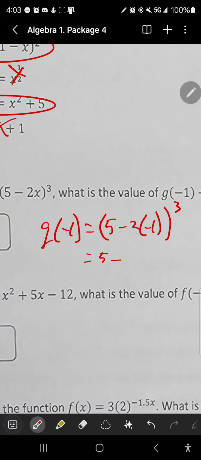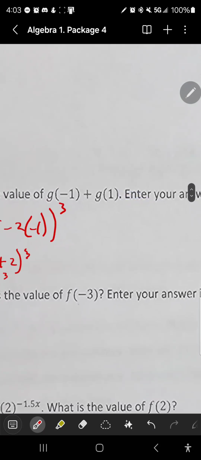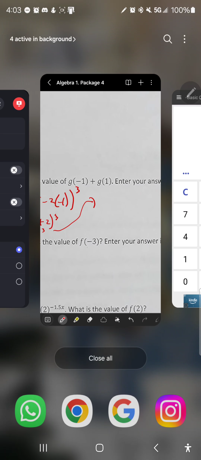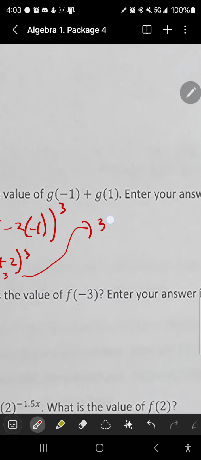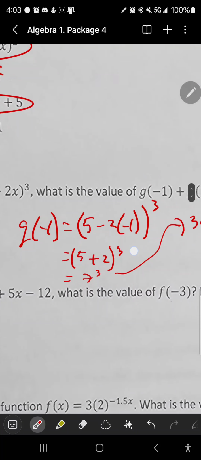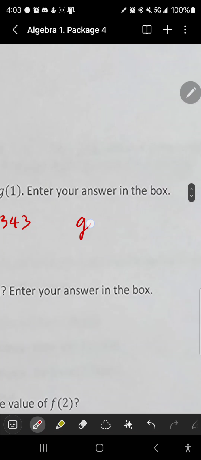It'll be 5, minus times minus is positive, so plus 2 to the third. It will be 7 to the third. It will be what, 49 times 7. So it will be 7 times 7, 49 times 7, 343. Now let's see g of 1.